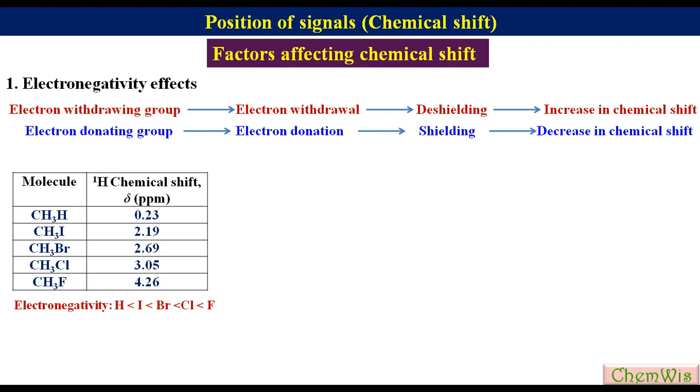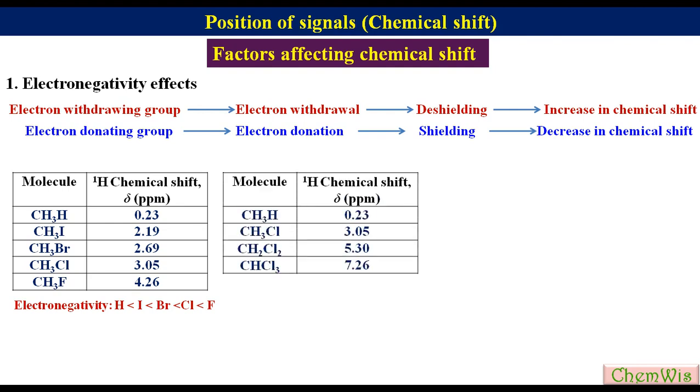We can see that the chemical shift of CH3 is in the same order. Chemical shift increases with the increasing number of electron withdrawing groups. For example, in this table, the chemical shift of proton increases with the increasing number of chlorine atoms.